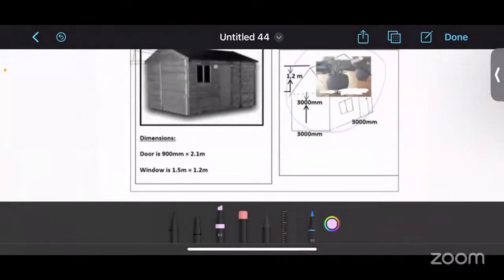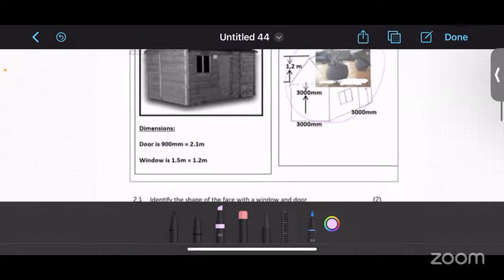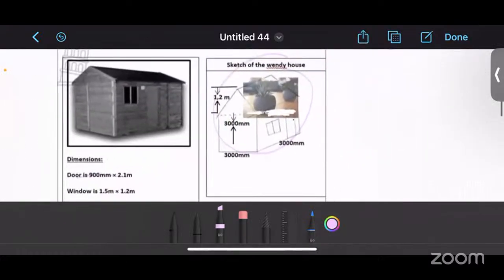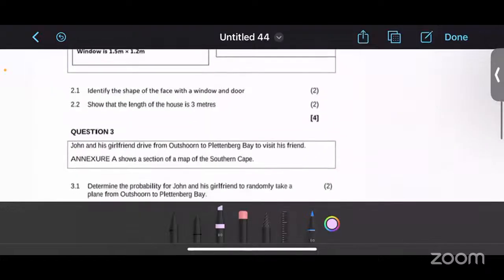The dimensions, they said the door is 900 millimeters multiplied by 2.1 meters, right? And then the window is 1.5 meters by 1.2 meters. And there we have the length, the height, and the roof height and everything, right? Let's go down with it.